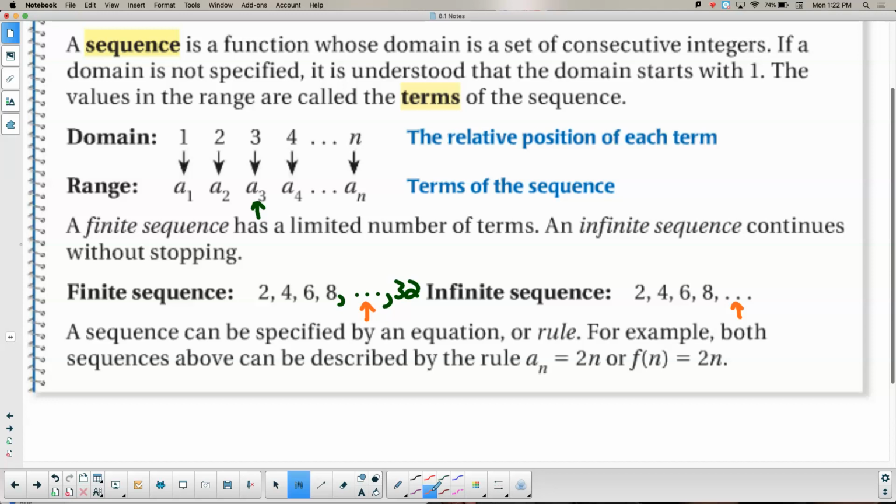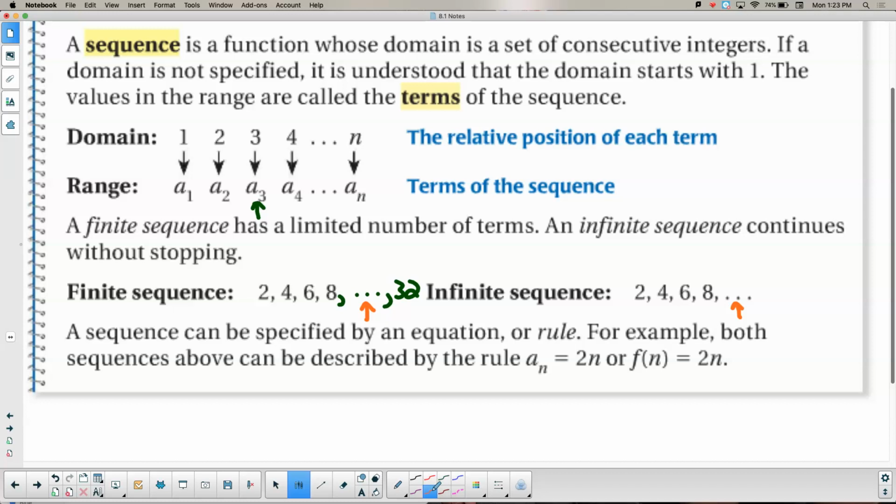Sequences are usually defined by a specific expression, meaning that there's a rule or a pattern that goes along with it. In these two infinite and finite sequences, the pattern was 2n.